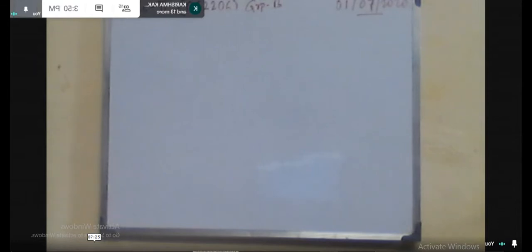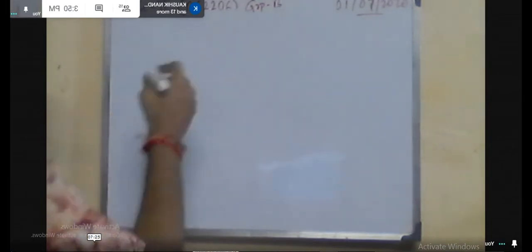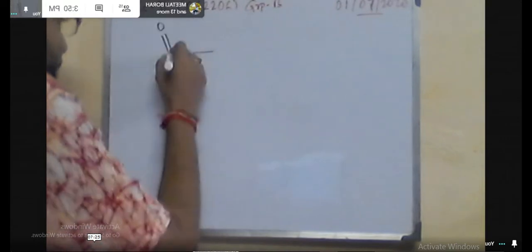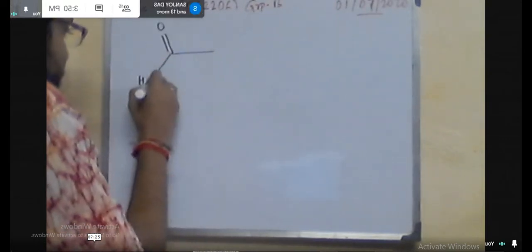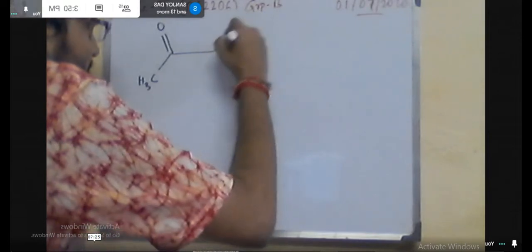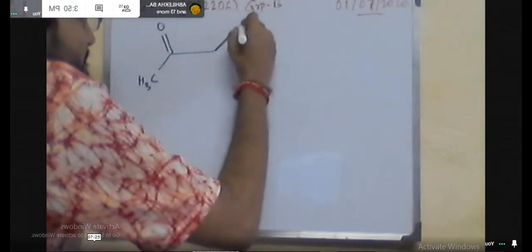Now in this case, according to Cram's model, first we will assign the configuration of this center. This is the chiral center. So this is 1, 2, 3, 4. So 4B plus. Now rotation of the rest of 3 groups, 1, 2, 3 clockwise rotation, so plus. So the configuration is R here.